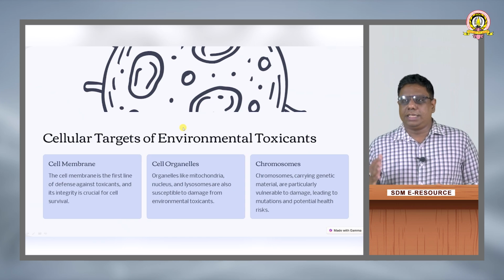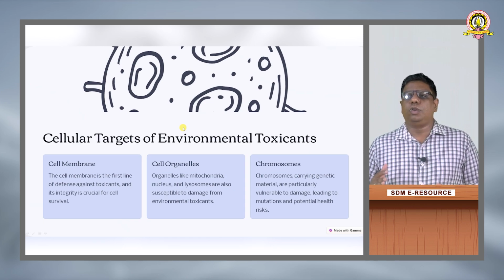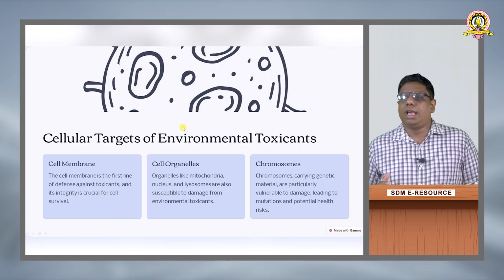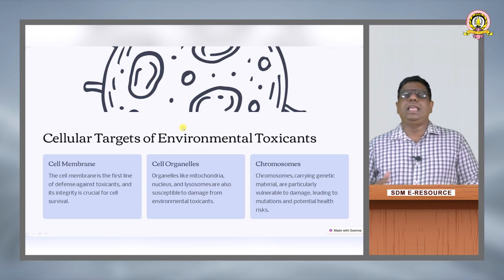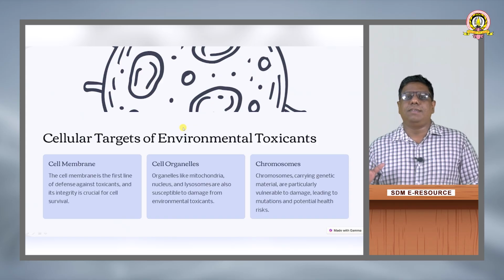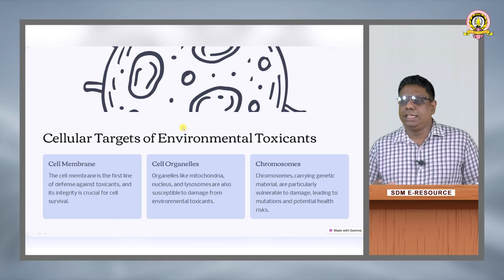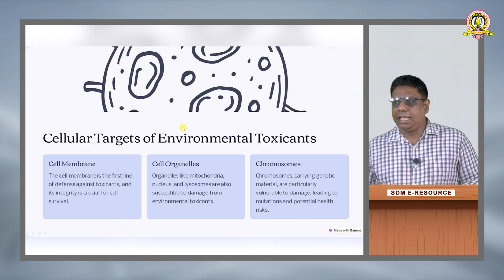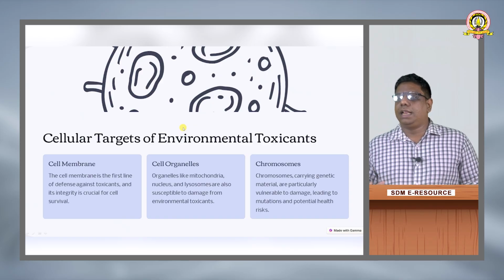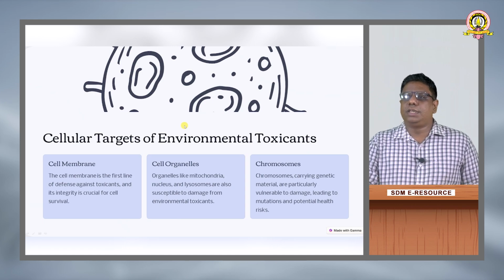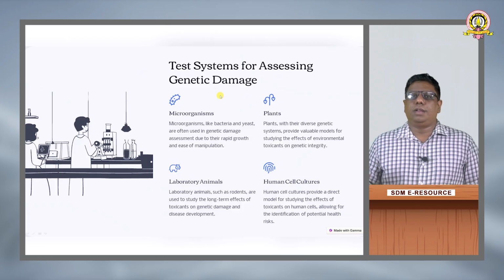Among the cell organelles, the mitochondria, nucleus, and lysosomes are susceptible to damage from environmental toxins. Chromosomes, the genetic material, contain DNA and all the information regarding cellular life. They are particularly vulnerable to damage, leading to mutation and potential health risks. So these are some of the targets that we are seeing.